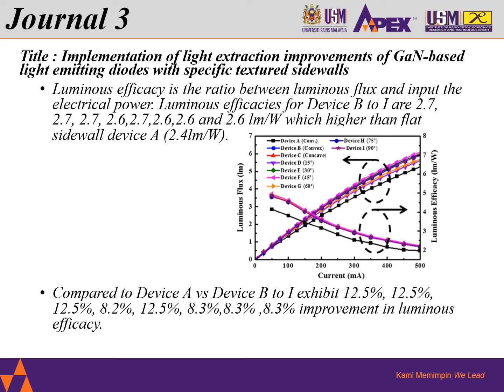You can see the graph here for every single device, with measurements of lumen versus current. Compared with device A versus B and I, efficiency increased 12.5% until 8.3% improvement in lumen efficiency.